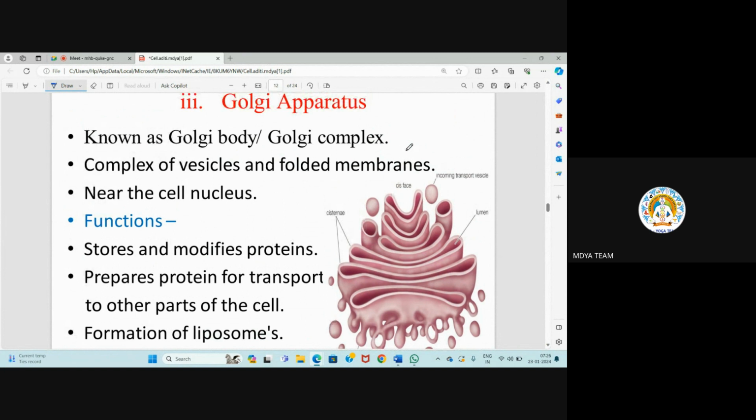Okay. Yes. So this organelle is known as Golgi body, and the functions of Golgi body are it stores and modifies protein, and it forms lysosomes. Okay.